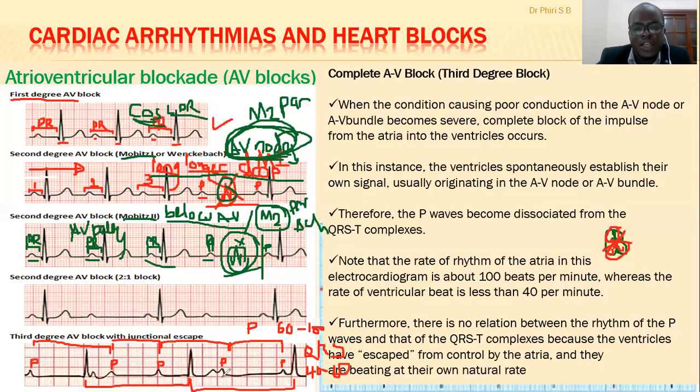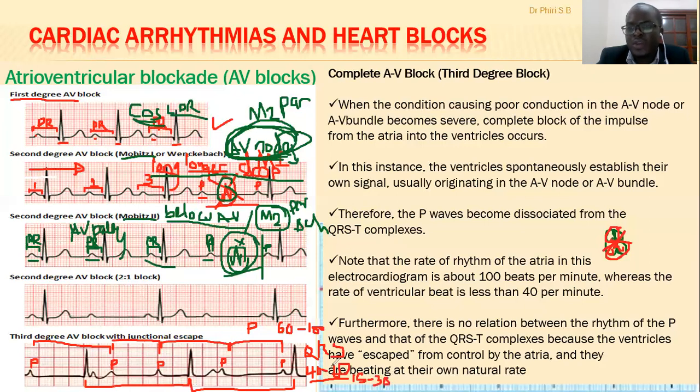Because the AV node is blocked, it means that the ventricles will start contracting on their own. So you have a pacemaker maybe that is originating from the bundle branch, and the bundle branch will produce action potentials at that rate. And also the ventricles can produce from 15 to 30. So you find that the ventricular contraction rate will reduce.